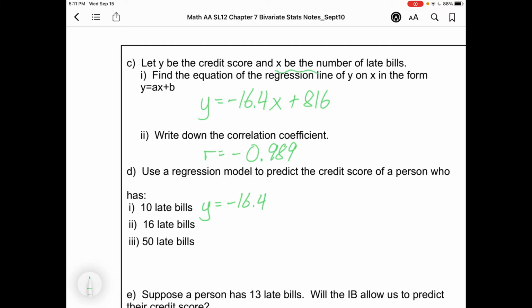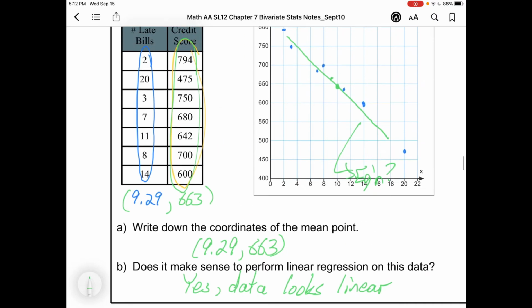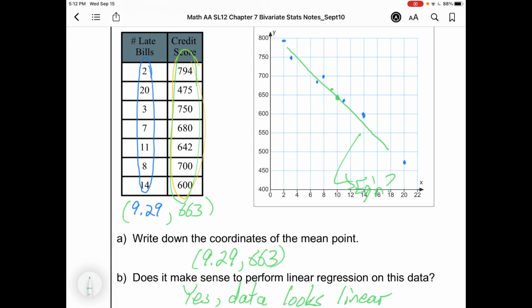Remember, x is the number of late bills. So if we had 10 of them, plus 816, you could run that through in your calculator, and you're going to get a credit score of 652-ish. Let's see, is that what it looked like on my line of best fit? Yeah, but my line of best fit was just sort of an eyeballed thing, so it wasn't perfect.